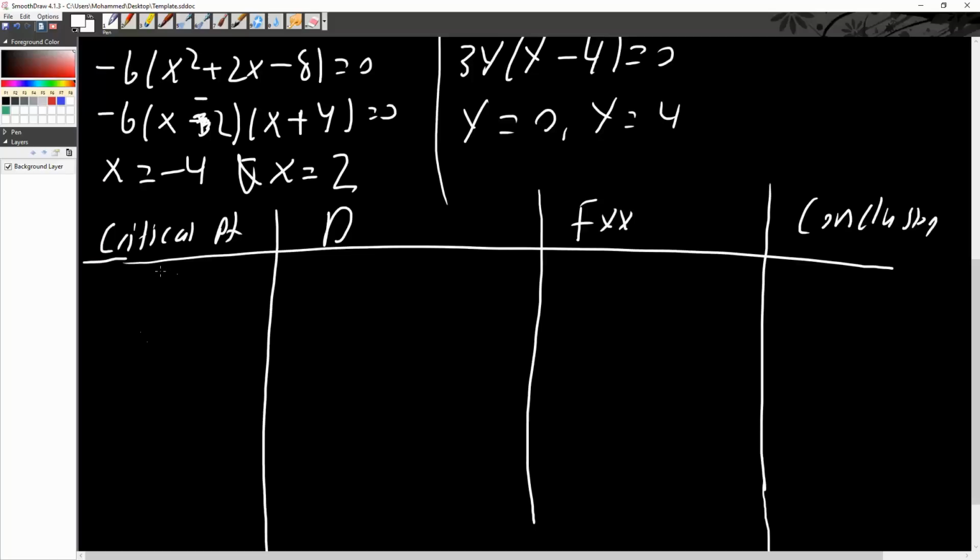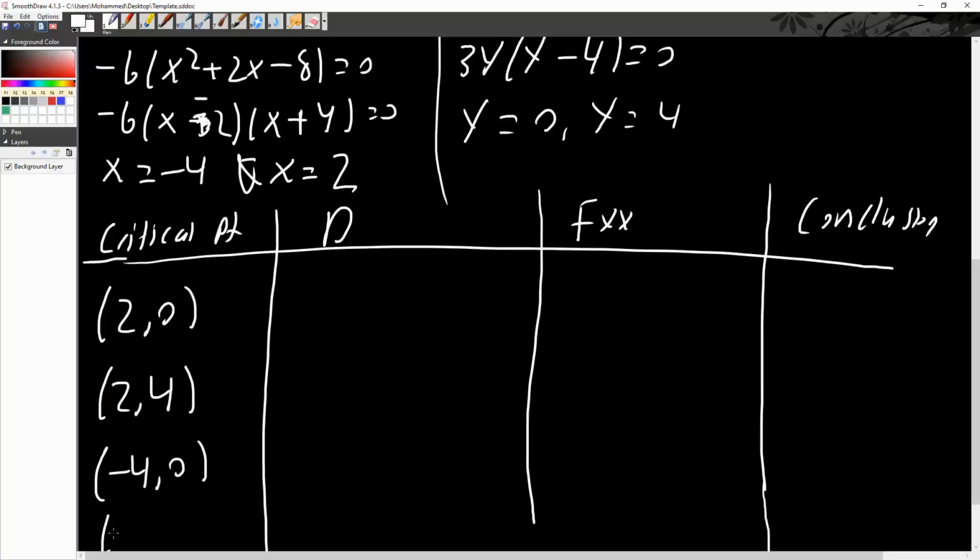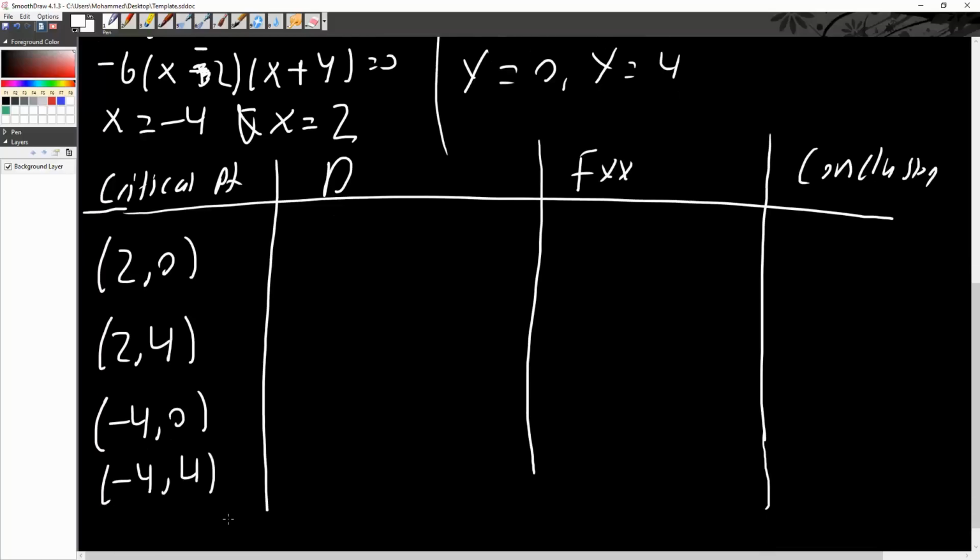So let's write this down. So we would get 2, 0, 2, 4, negative 4, 0, and negative 4, 4. I guess we can separate it out a little bit.